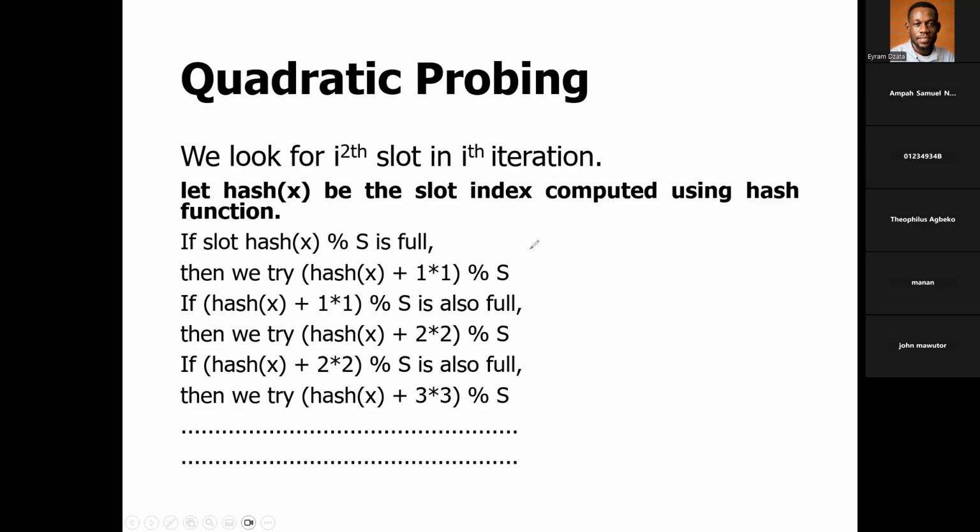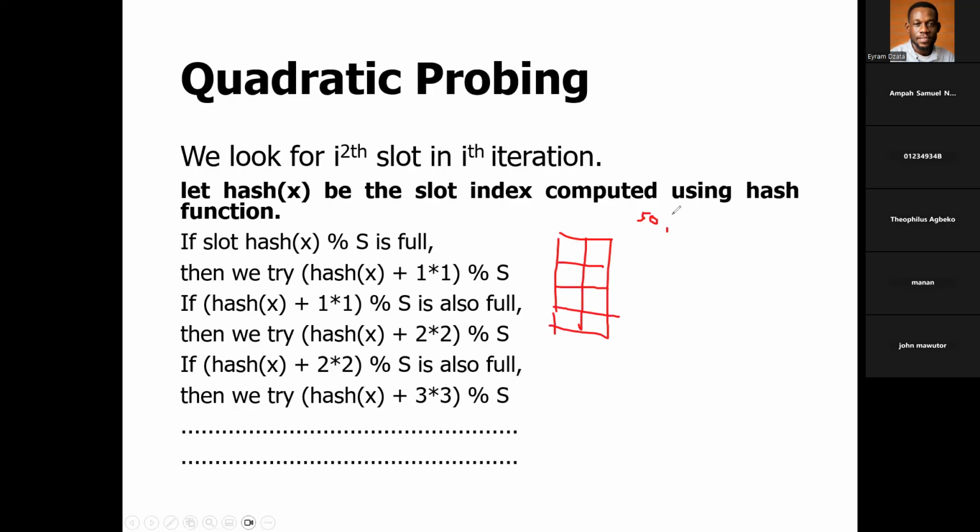So if, for instance, we take the previous example where we had, I think the first value was 50, right, at index 1.